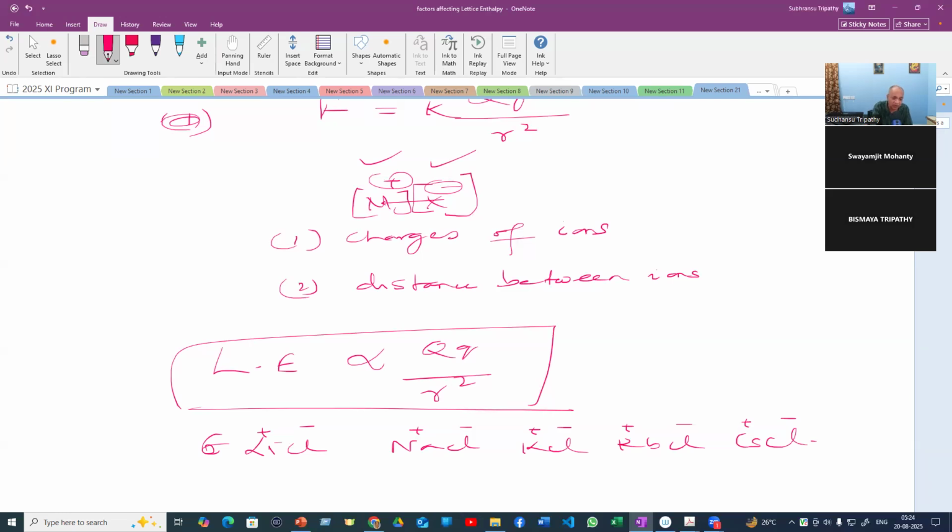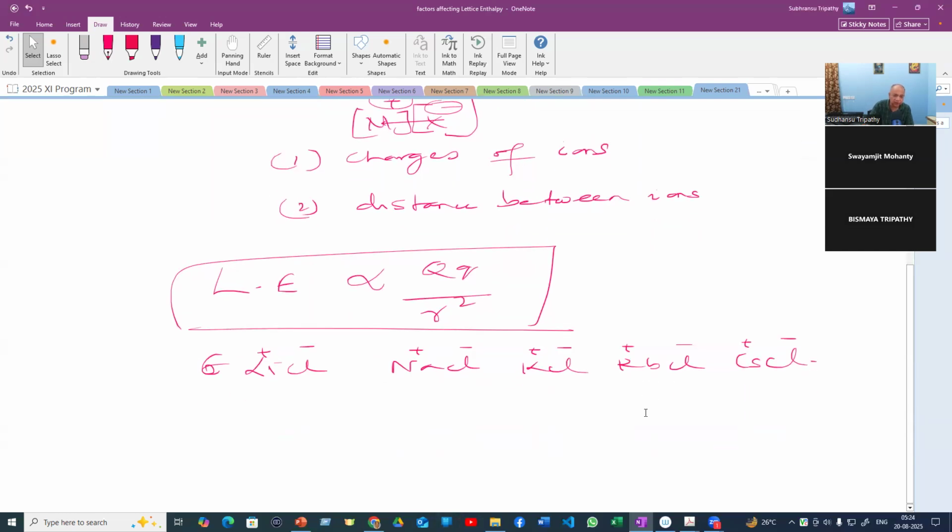Since the magnitude of charge is the same, only the distance factor will matter. Lithium plus is the smallest in size and cesium plus is the largest in size. So the r square factor goes on increasing. So the force of attraction between the ions gets reduced and the lattice energy decreases. So this should be the expected order of lattice enthalpy.